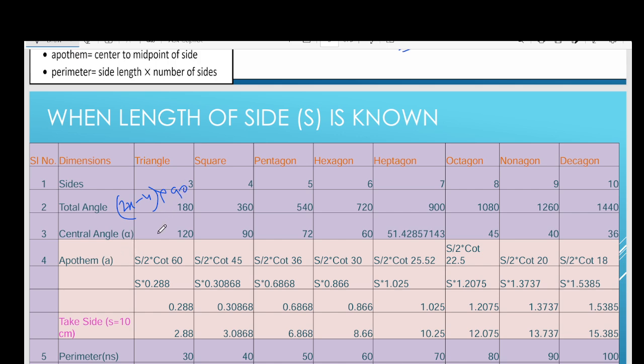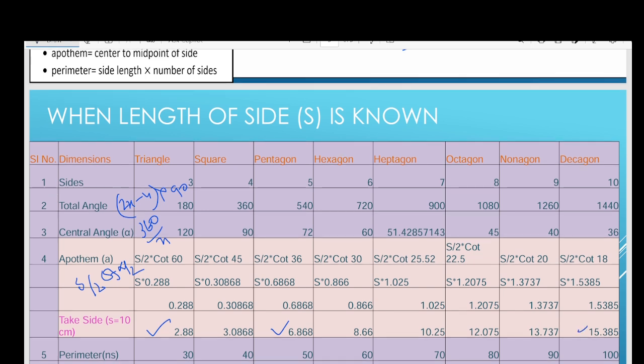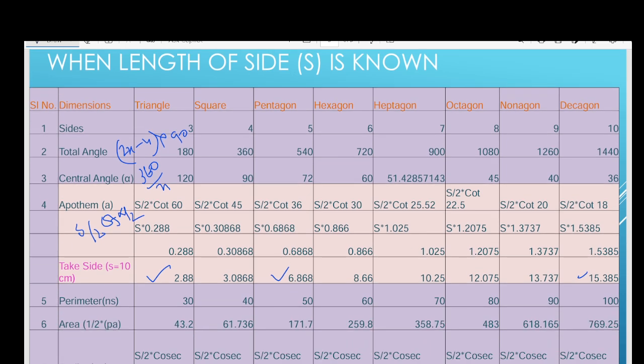Central angle, okay, 360 divided by n. Then apothem, already s by 2 cot alpha by 2. You put the value, you will get the values. If you take the value of s equal to 10, this will be the value. For pentagon we have seen 6.867. Okay, decagon 15 something. Like this, values will be there.